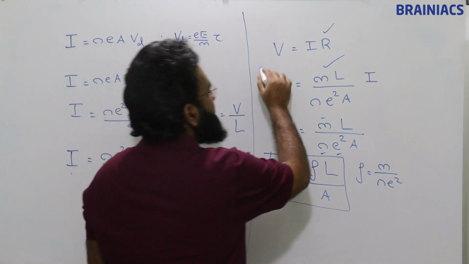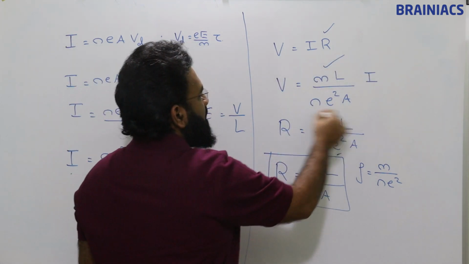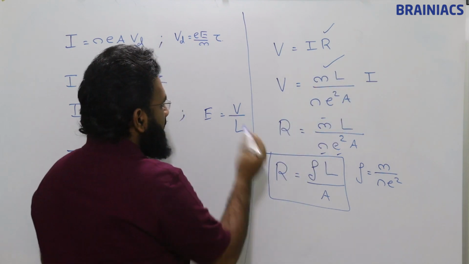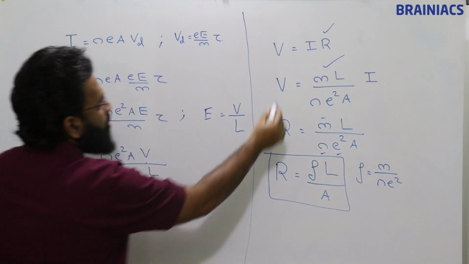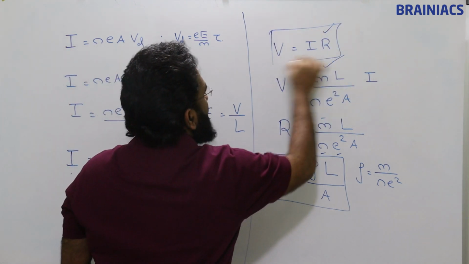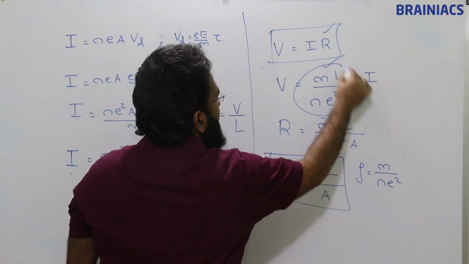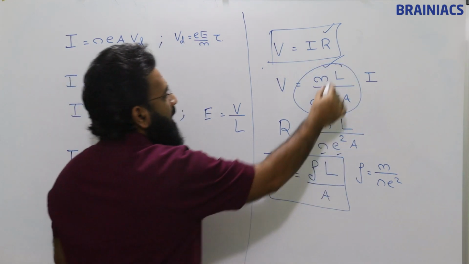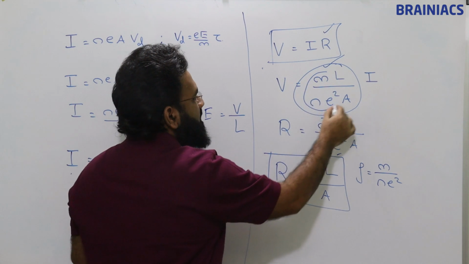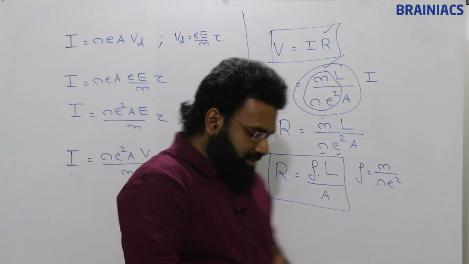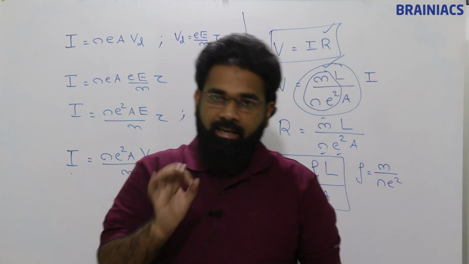So this is Ohm's law. By substituting resistance, we are getting Ohm's law, V is equal to IR. What is this R? R is nothing but mL by ne squared A, and this constant, when we separate, is nothing but ρ. What is ρ? ρ is nothing but resistivity.